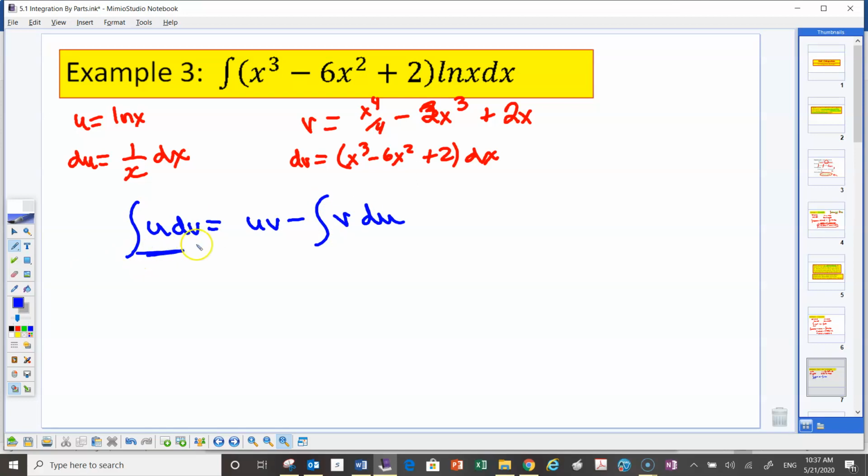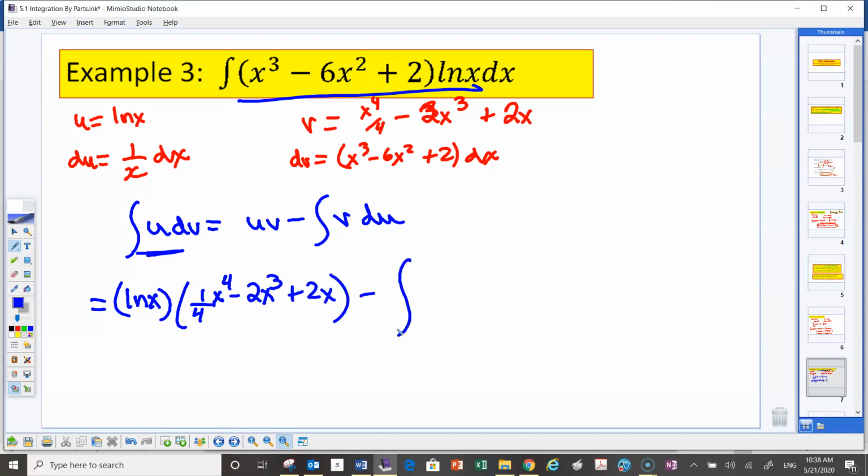So my original question, I'm not going to rewrite this out because it's a little long, is equal to u is ln x times v, which would be 1/4 x to the 4th minus 2x cubed plus 2x minus the integral of v, which is x to the 4th over 4 minus 2x cubed plus 2x times du, and du in this case is 1 over x dx.